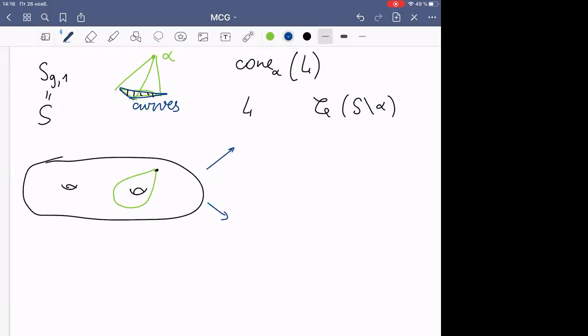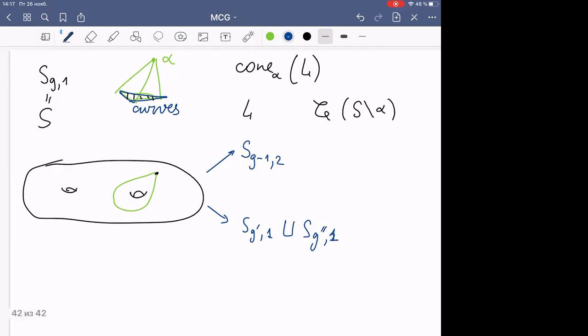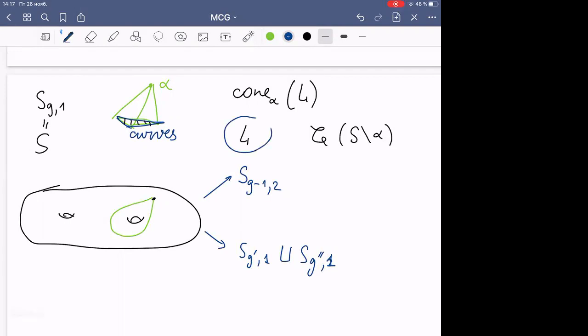If this arc doesn't separate the surface, then we get a surface of smaller genus with two punctures, or we have a union of two surfaces, each with one puncture. But look, this is not the curve complex. This L is not a curve complex.